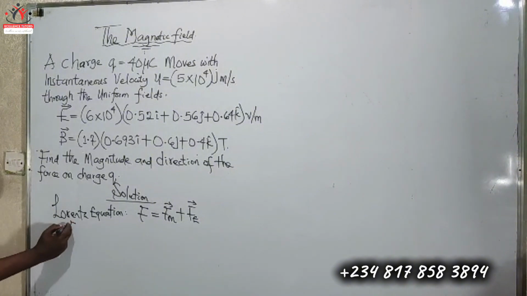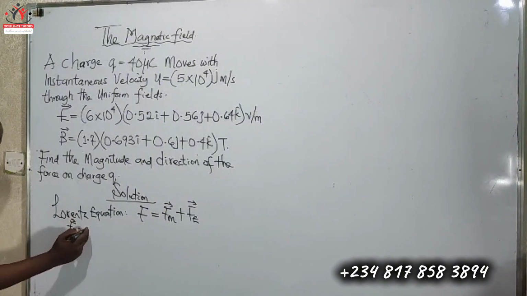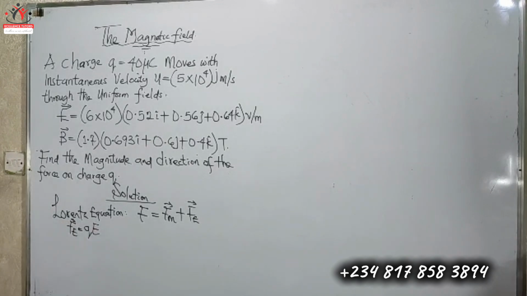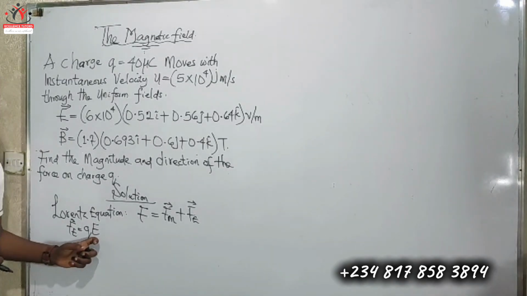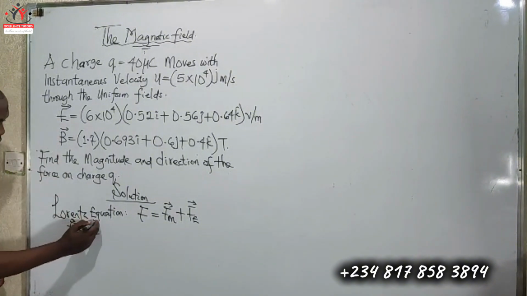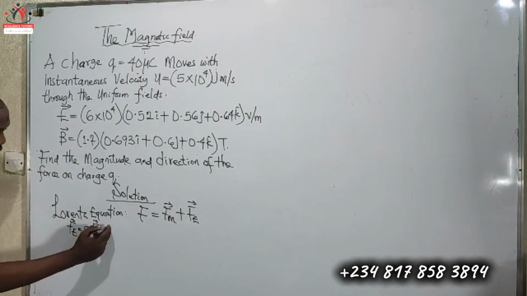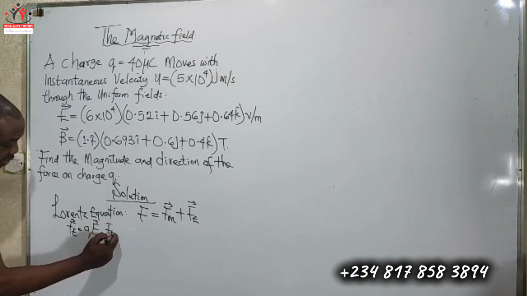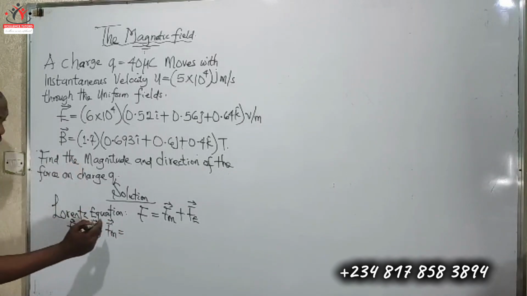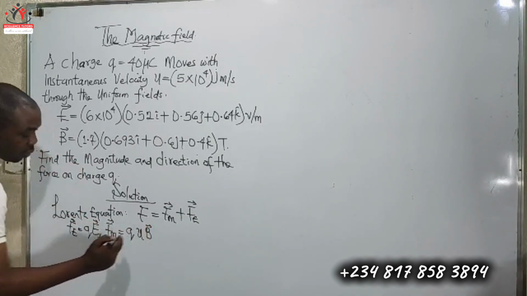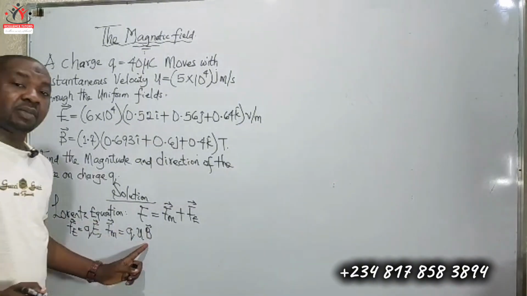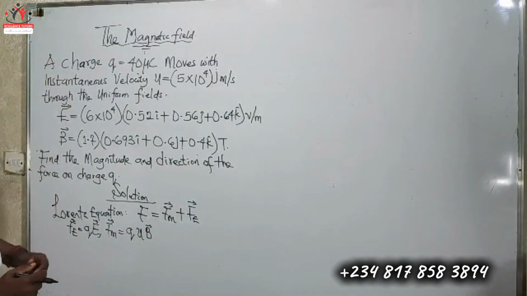Now we know that electric force is QE, the product of electric charge and the electric field vector. Then the magnetic force on the charge would be QUB, where B is the magnetic field vector, which is the magnetic flux density.